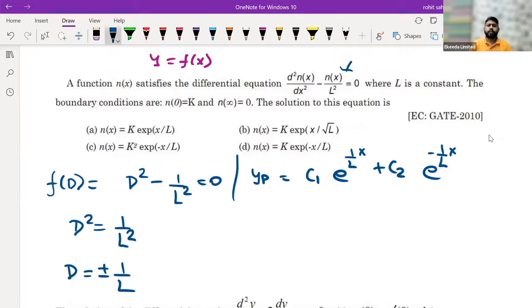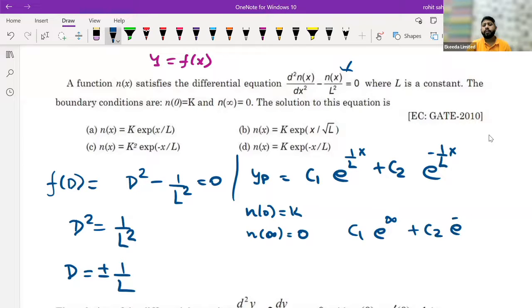और आप देख सकते हैं expressions भी ऐसे ही. One thing which is given is n of 0 is k and n of infinity is 0. Now think of it, if you get n of infinity, you see that your expressions will look like this. C1 e to the power of infinity plus C2 e to the power of minus infinity, like that. L is there, so L is just a constant.